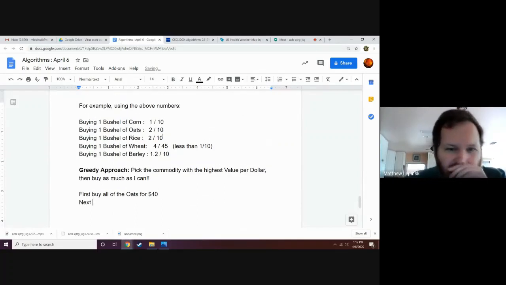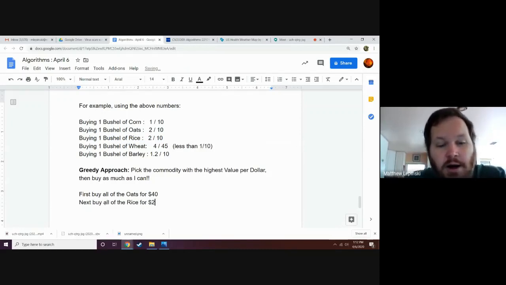Next, what is the thing that is next good? Oats are wonderful. What is next good after oats is going to be rice. So next, buy all of the rice for $25. So this is now 60 minus 25, $35 left.